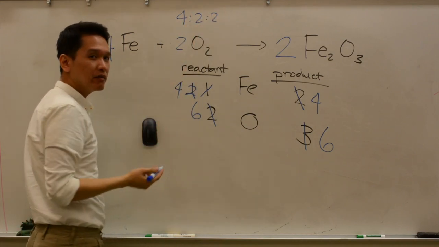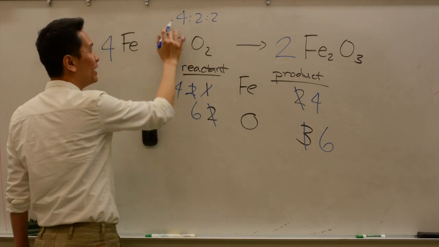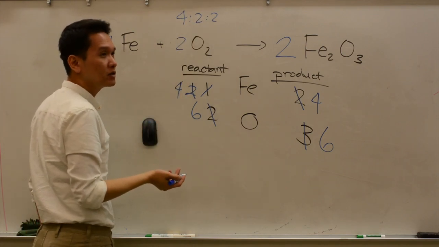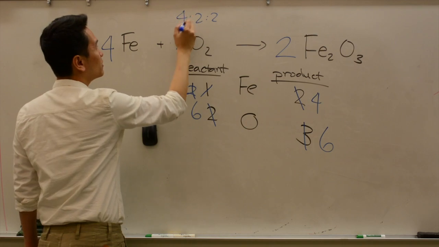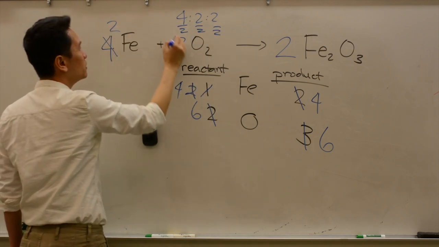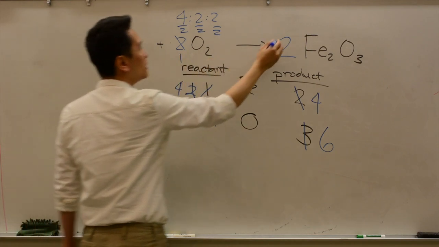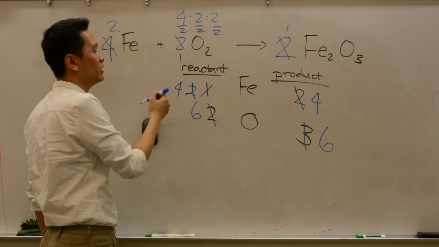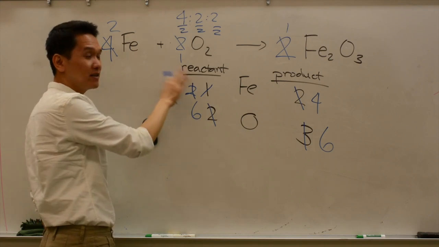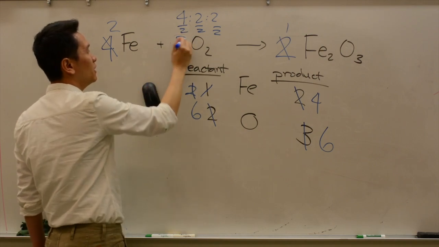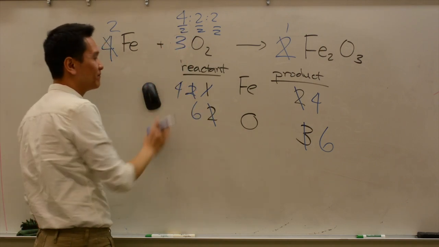Can we reduce that ratio? Is there a number we can divide all of those numbers by? Yes, right? You can divide all those numbers by 2, and you would get 2, 1, and 1. So if that were to happen, you would want to do that. Again, that doesn't apply for this one because this was a 3 and not a 2.